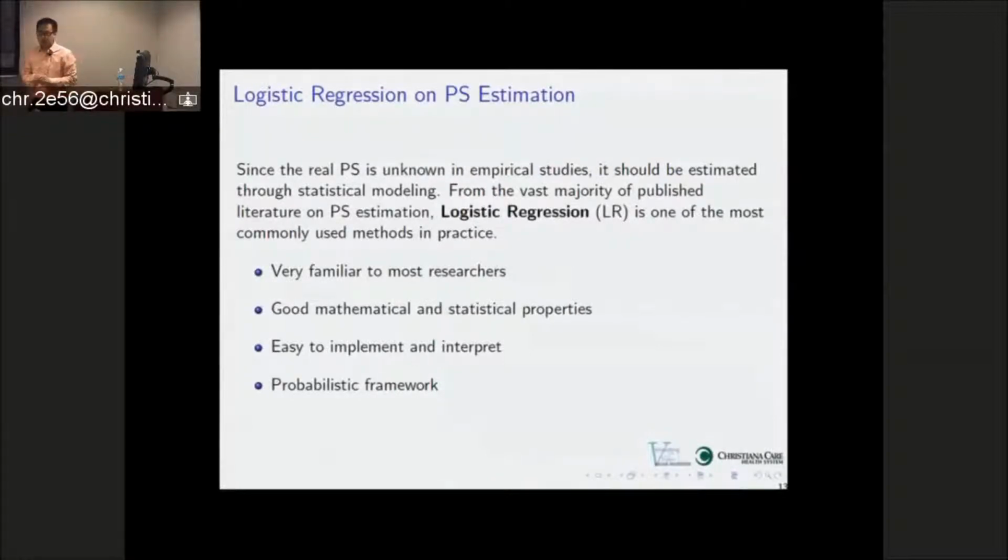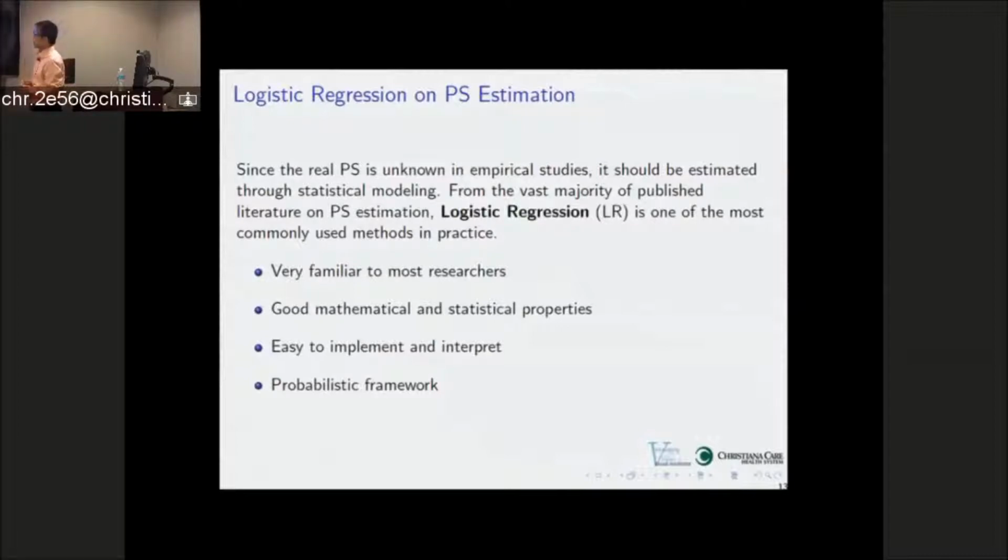We know the propensity score has a very beautiful mathematical and statistical theory, and can also give us very exciting tools to help us do the model adjustment. However, the real problem is that the true propensity score is unknown. We have to estimate it through some statistical modeling.